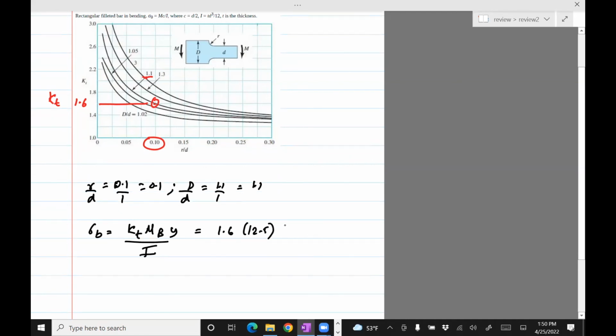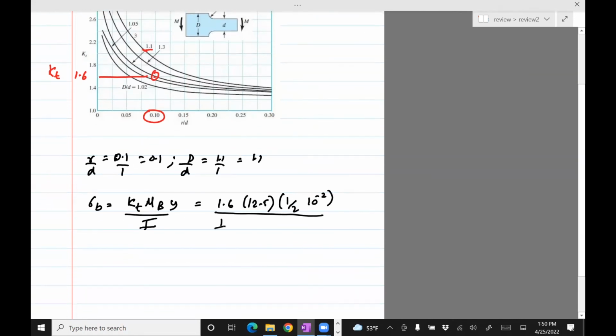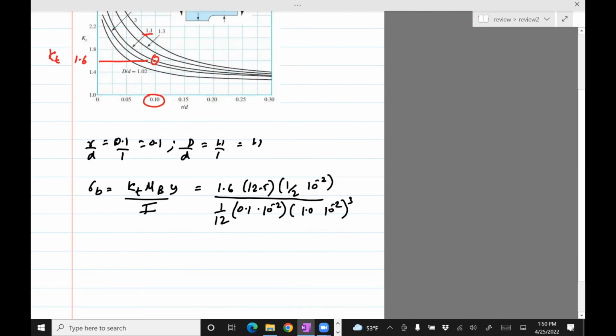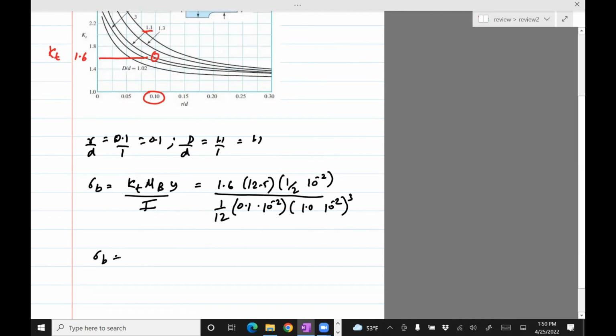Y in this case is small d divided by 2, so 1 divided by 2 times 10 raised to negative 2, converted to meters. 1/12 thickness, which should be converted to meters, so 10 to the negative 2, and then d cubed. So that will be 1.0 times 10 raised to negative 2, cubed. So putting all these values, you get sigma B equals 1200 MPa.